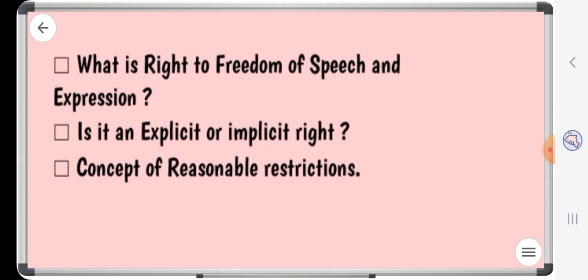Now we will deal with the second question, that is, is it an explicit or implicit right? In India, the assurance of freedom of speech and expression finds its foundation in Article 19(1)(a) of the Constitution. So it is an explicit right mentioned in the Constitution.